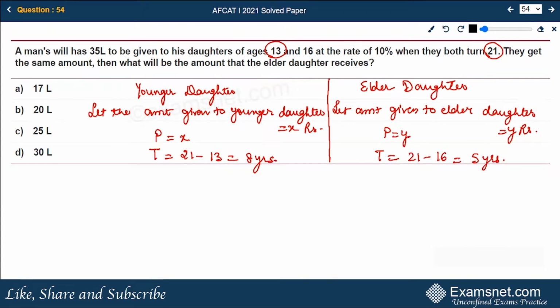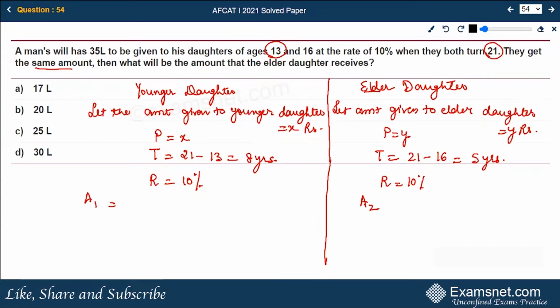So now let's calculate. The rate of interest is given to you as 10% in both the cases. Also, it is said that they will receive the same amount when they turn 21. So over here, let's calculate amount 1 first of all. And here is amount 2. Amount 1 is the amount the younger daughter will receive, and amount 2 is the amount the elder daughter will receive.